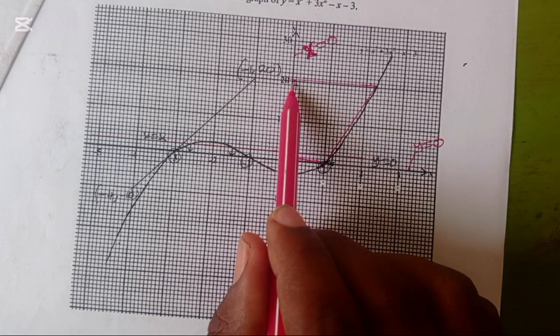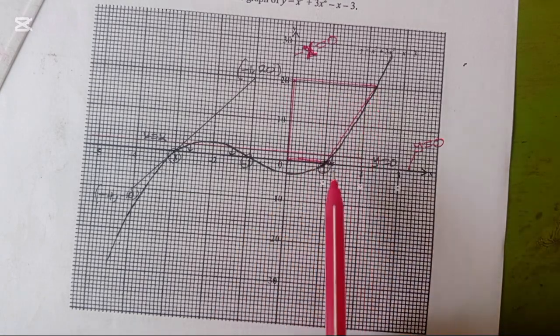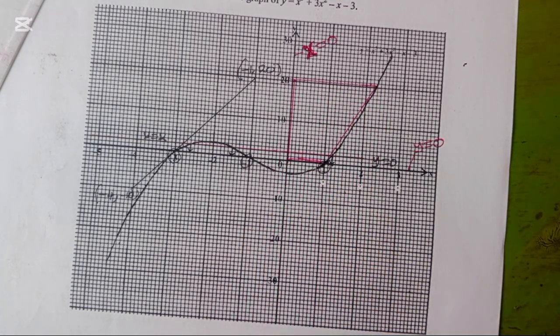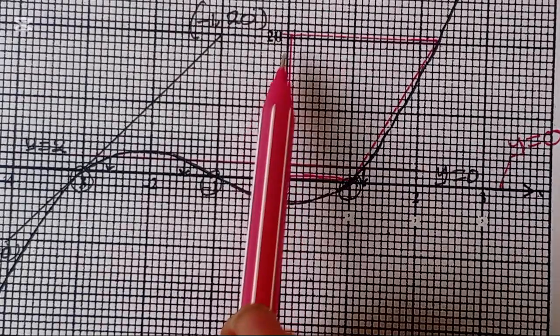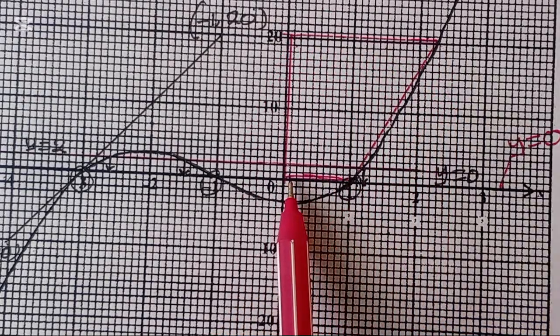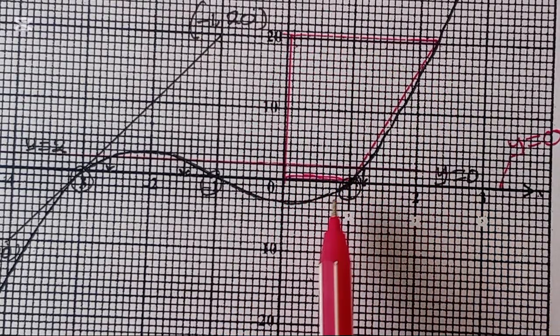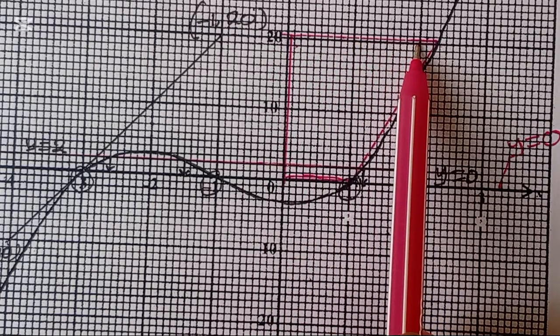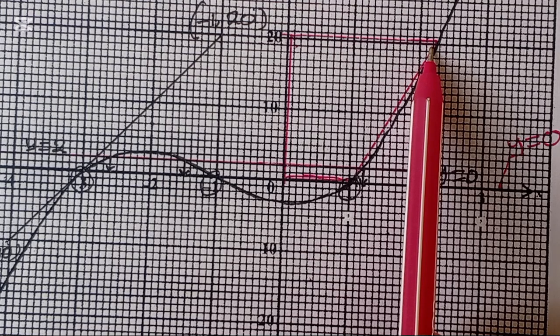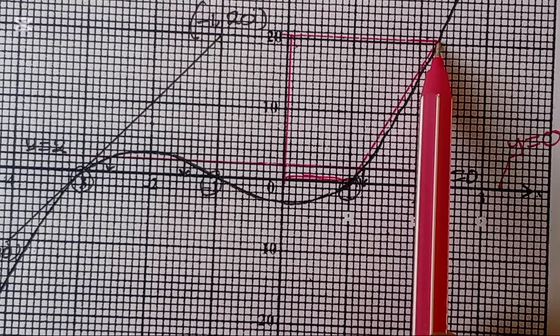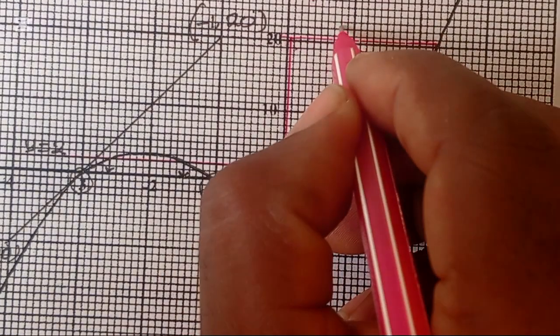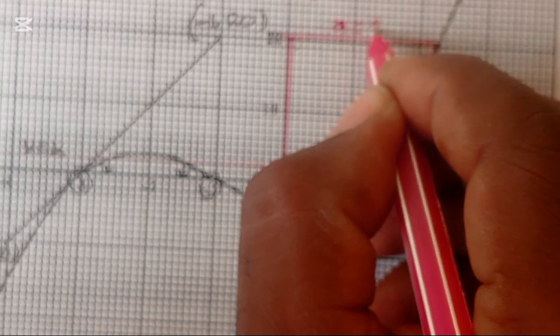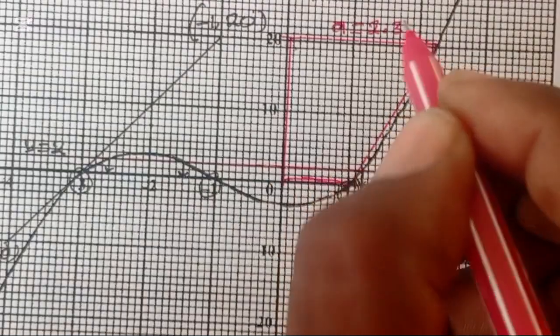From here to there, that is B. In the x-axis, it is 2 centimeters to 1 unit. So from here to there, that is 1, 2, 2.1, 2.2, 2.3. So the value for A is 2.3.